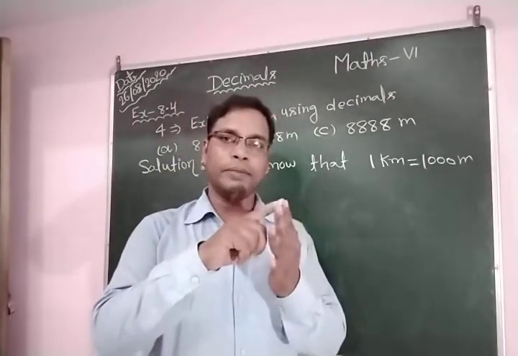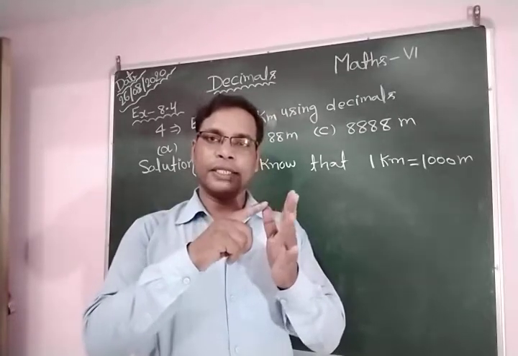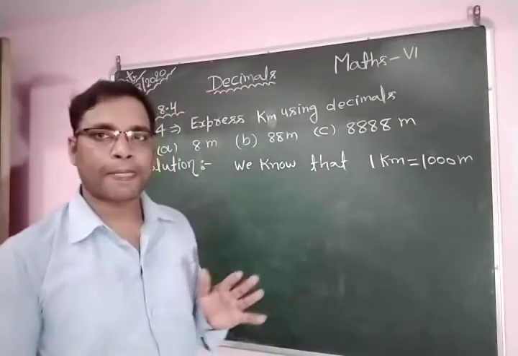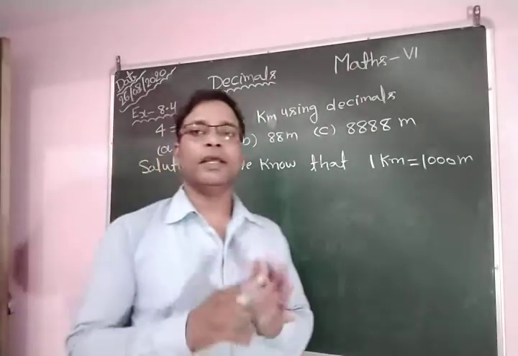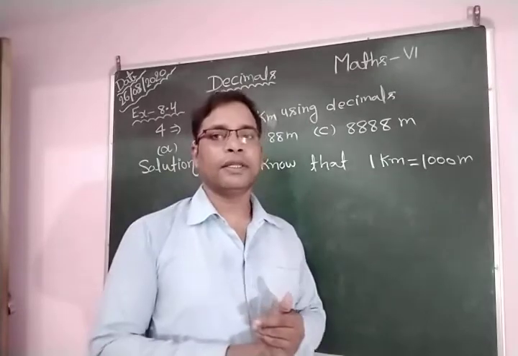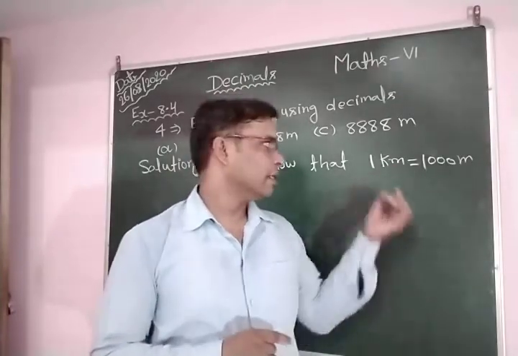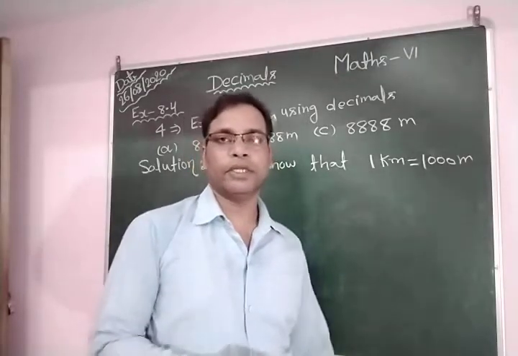Kilo, hecto, deca, meter, deci, centi, milli. So for this scale, we will find the relation between the two given quantities. 1 kilometer is equal to 1000 meters.